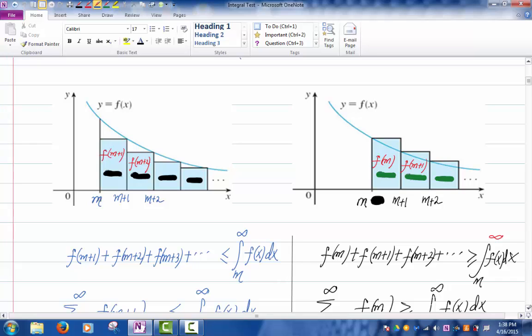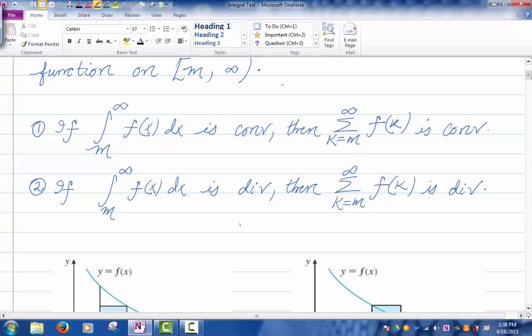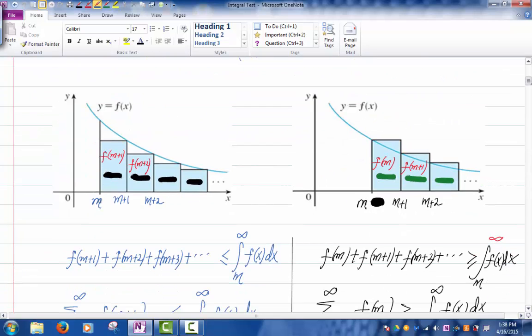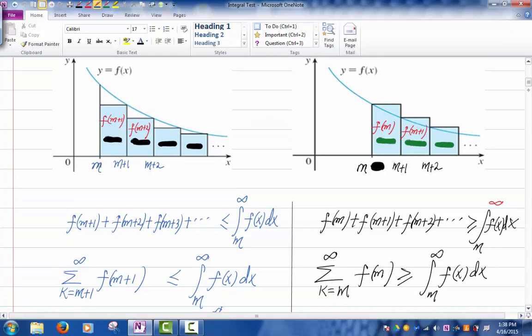How am I going to associate the series with the integral? Well, this is how I can do it. Look at the graph of f. Look at the region below the graph of f. Let's assume that the improper integral of f from m to infinity is convergent.